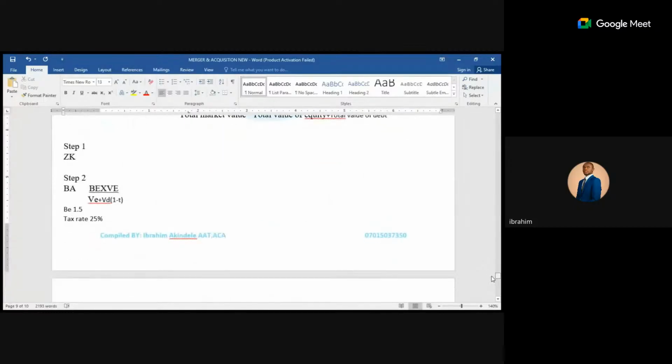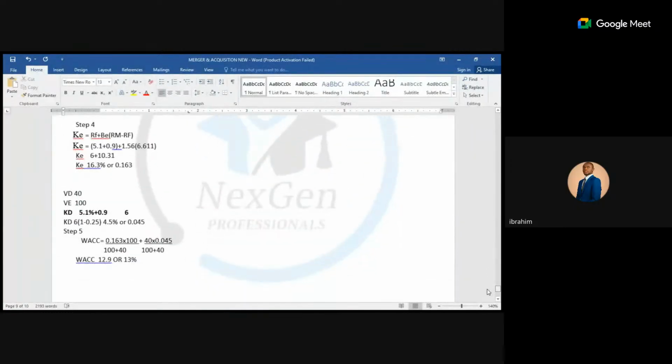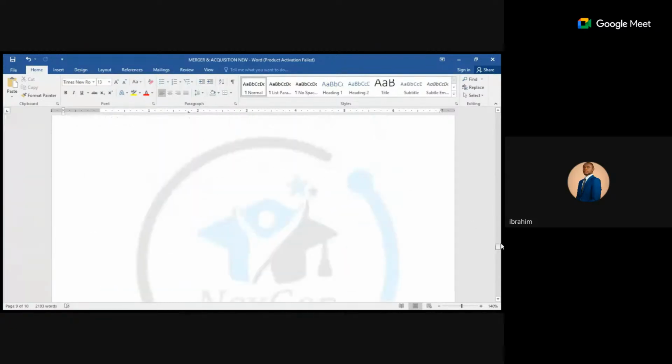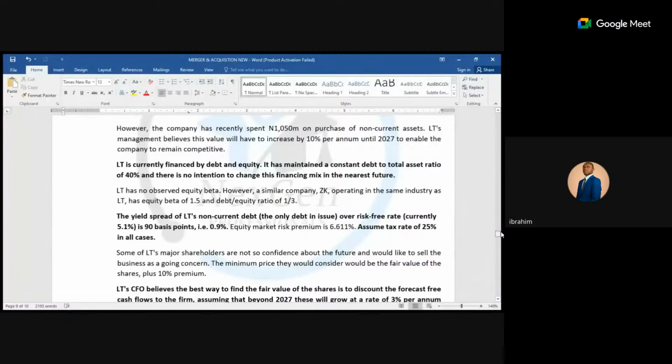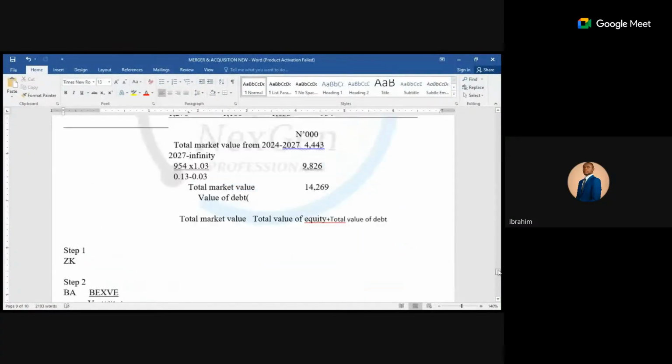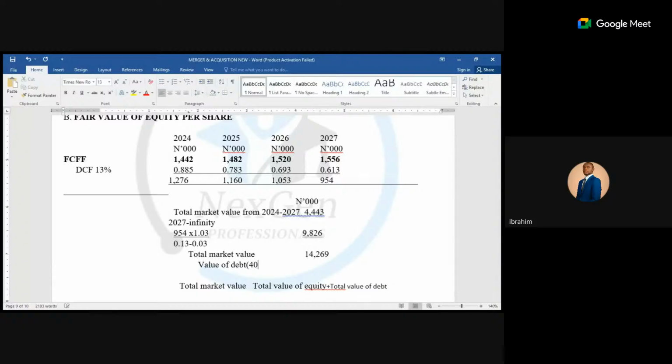The market value of debt of the company is 40%. Let me take you back a little bit. Where is it? LT. Can you see? 40. So therefore, 40 divided by 100 times 14,269. We were given the market value.